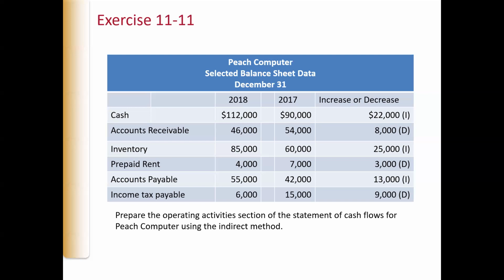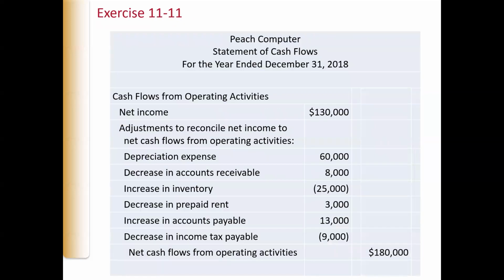When an accounts payable increases, we increase it. When accounts payable, or when a payable current liability decreases, we subtract it. So here you see, we start with net income. We add back depreciation.